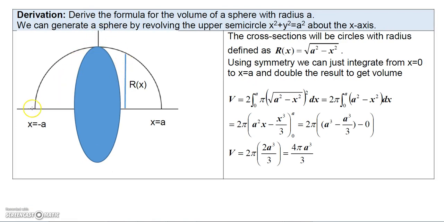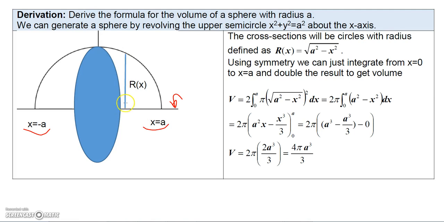Now, we could actually take a semicircle like this and revolve it around the x-axis, and we could use that to get the formula for the volume of a sphere. So let's say we do a semicircle from minus a to a, and revolve that around the x-axis.